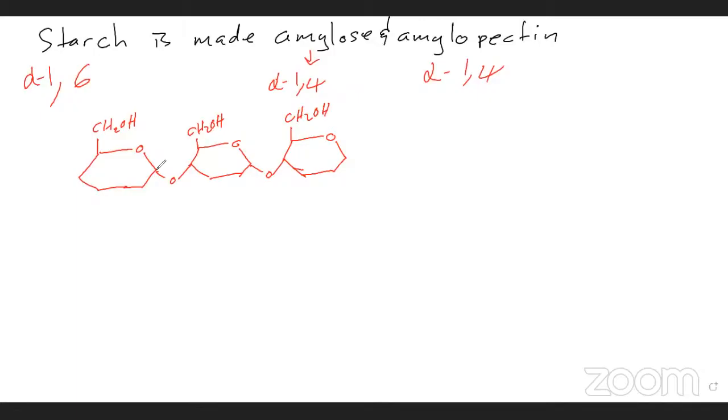So as we know, this carbon here is carbon 1, 2, 3, 4, 5, 6. This carbon here, 1, 2, 3, 4, 5, 6. You can see that we have the 1,4 glycosidic bonds. This is carbon 1. All right, it should match in line.